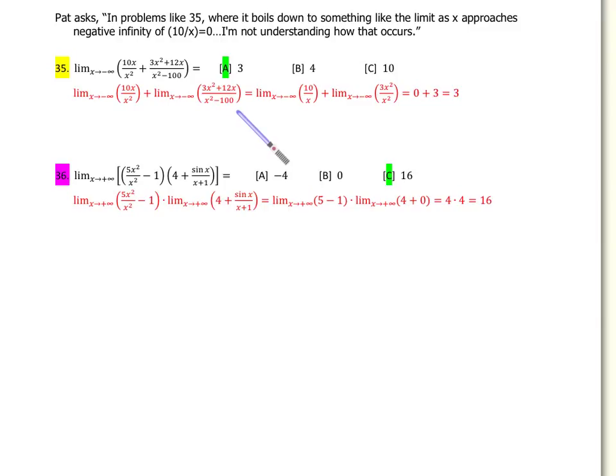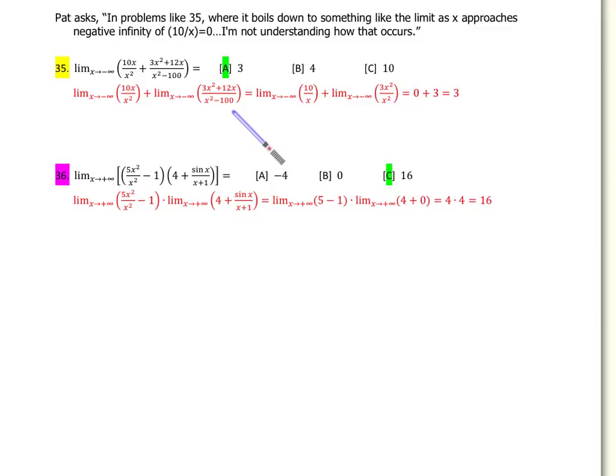And then we'll use end behavior models because we're at infinity, and we don't really have to do any simplifying over here. I should have said 10x over x squared is going to simplify to 10 over x. Here we do have to do an end behavior model.